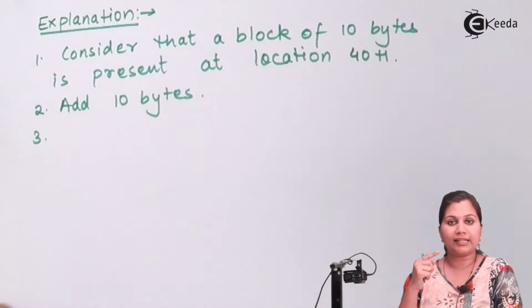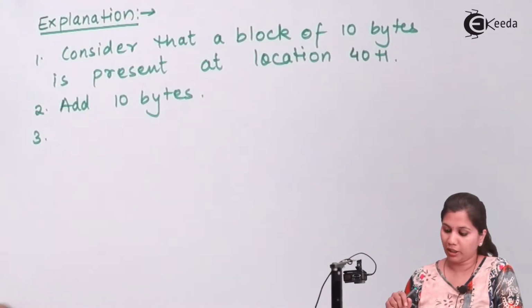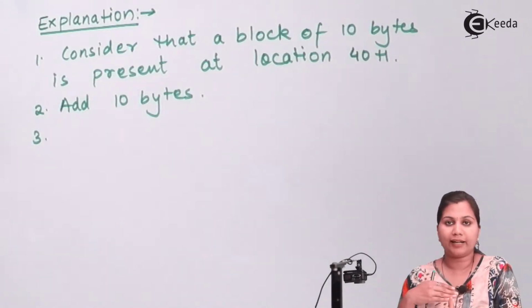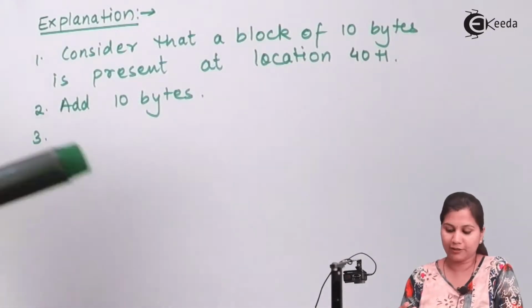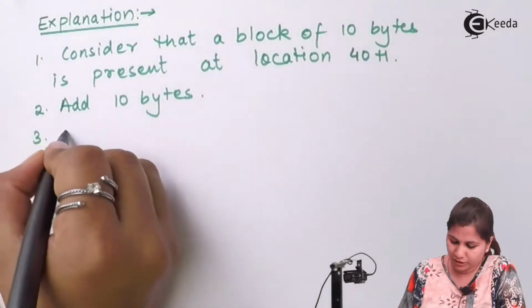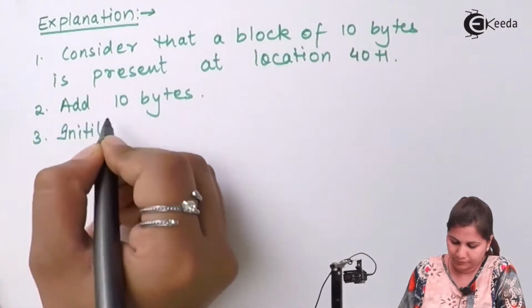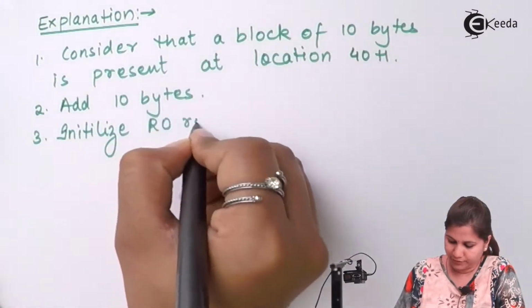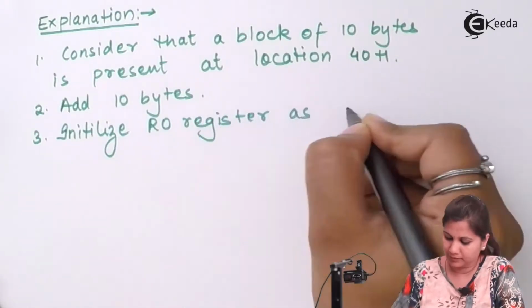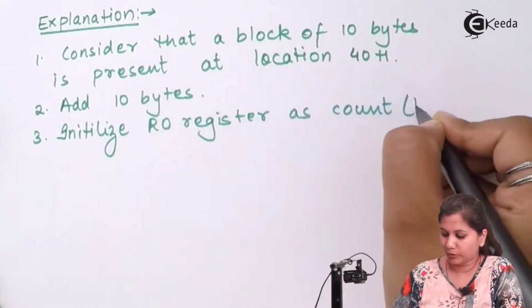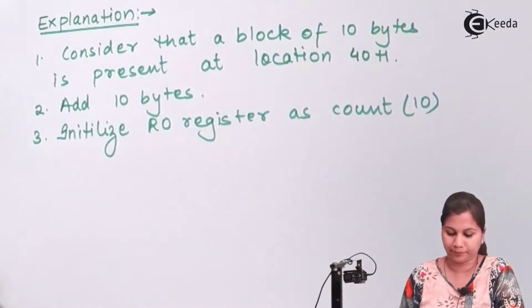And we will decrease this counter until its value comes to 0. Okay, because there are 10 numbers and these 10 numbers are to be added. For that, the counter is to be initialized. So we will initialize the count equal to 10.